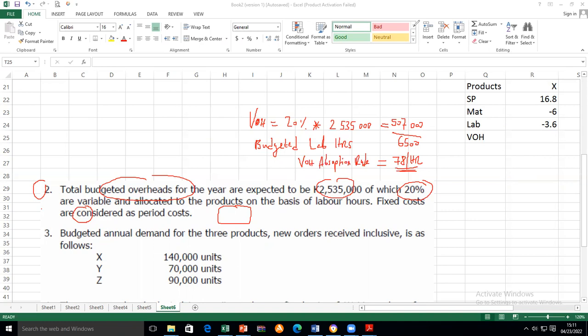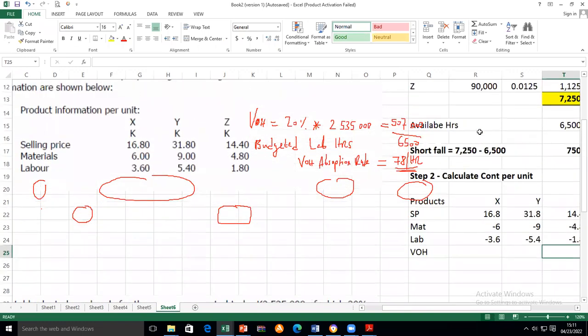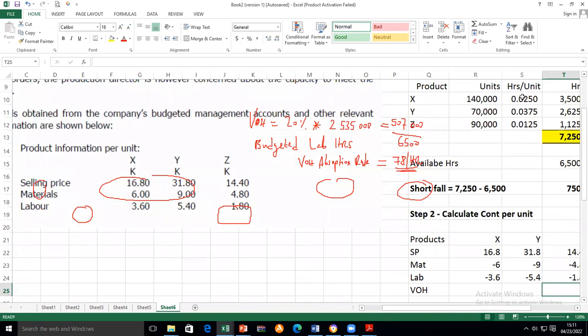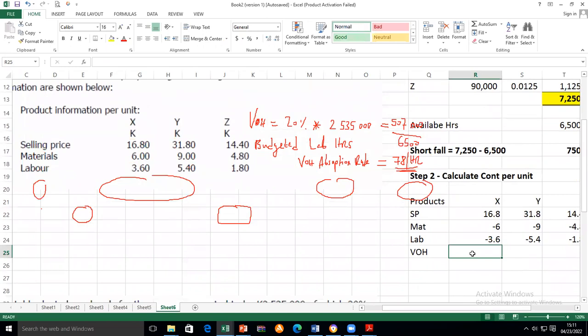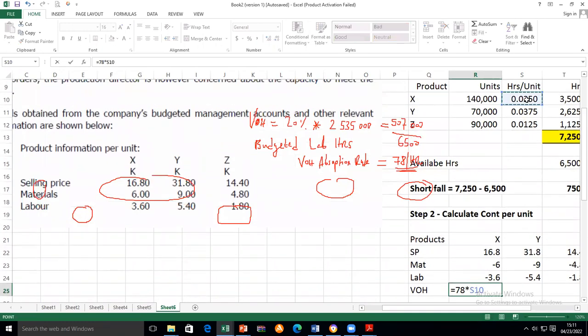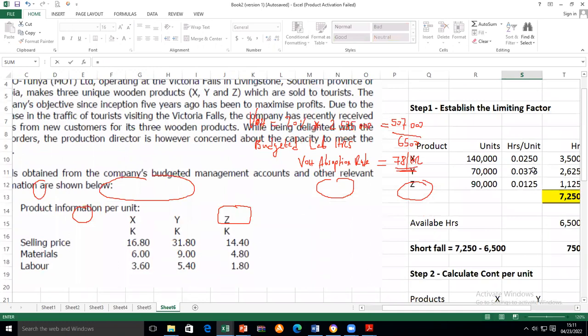So let's go now with this information. You can come here and say, okay, how many labor hours? The labor hours are here. So do you notice why we needed this? So for X, we take 78, multiply by what goes on X, which is that one. For Y, again, you take that one, multiply by 78.